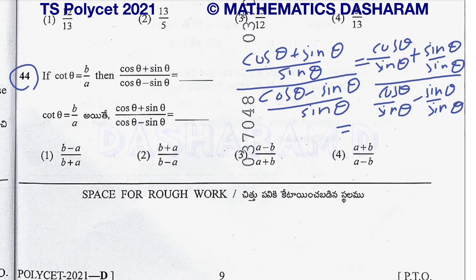Then cos by sin is cot theta, sin by sin is 1, here cos by sin is cot theta, sin by sin is 1.